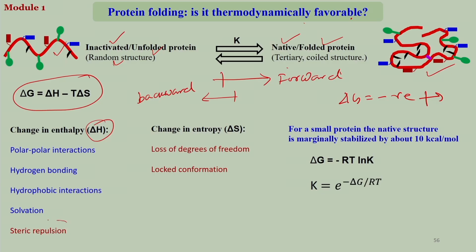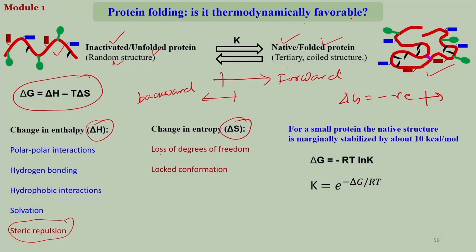And then steric repulsion is an instability or destabilizing factor, that will require some delta H. So, overall the delta H for the folding process is favorable, or you will have a negative value of delta H in this case. Now, think of the delta S, change of entropy. Entropy means the degrees of freedom, whether the molecules are flexible, whether the molecules have the freedom to move around in the solution, whether the atoms within the molecule have higher degrees of freedom or they are free to move.